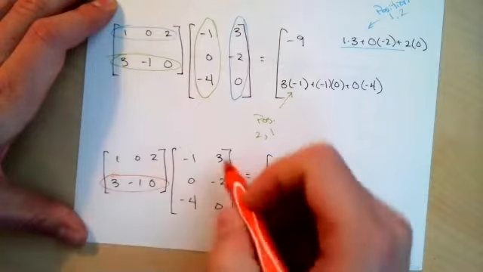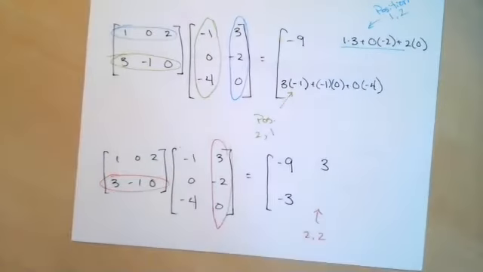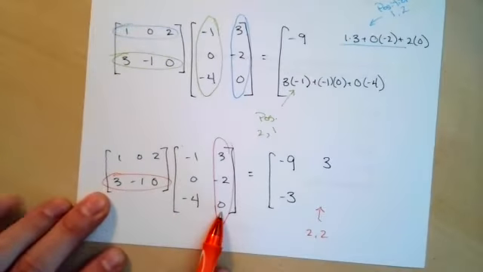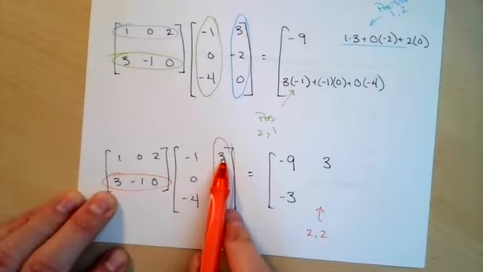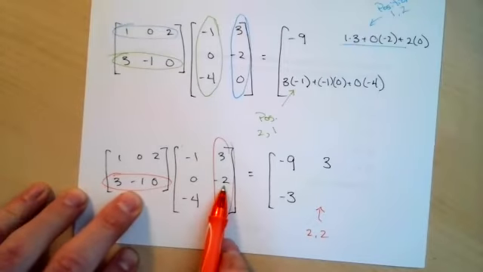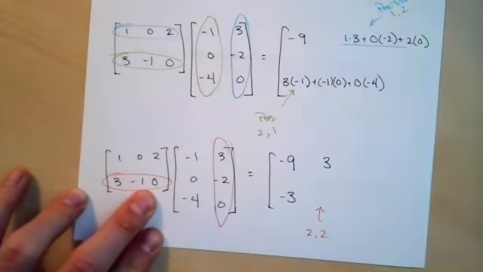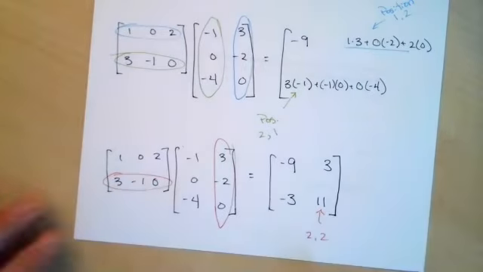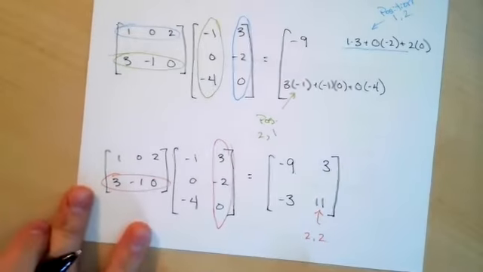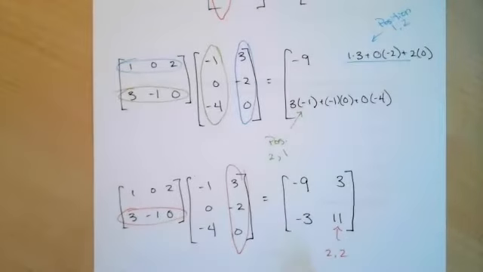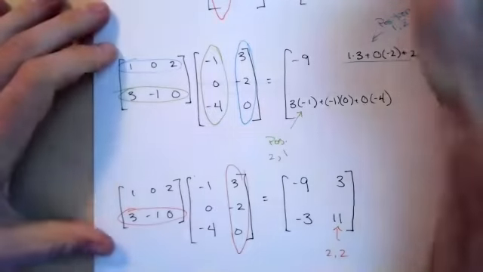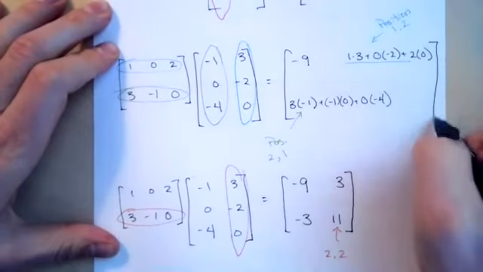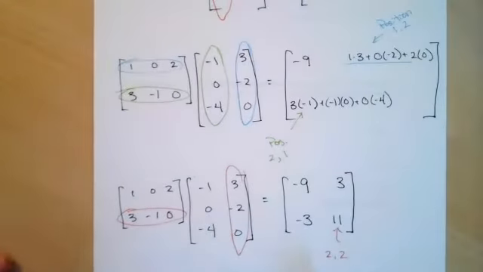So we do second row, second column. We will have 9 plus 2 plus 0. Any questions on that?